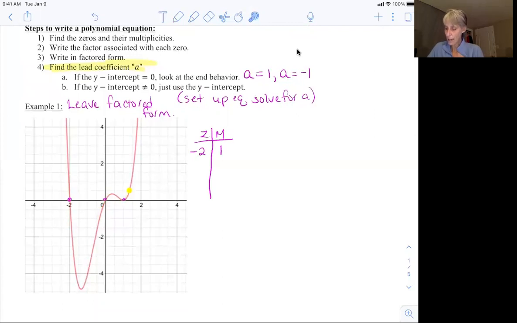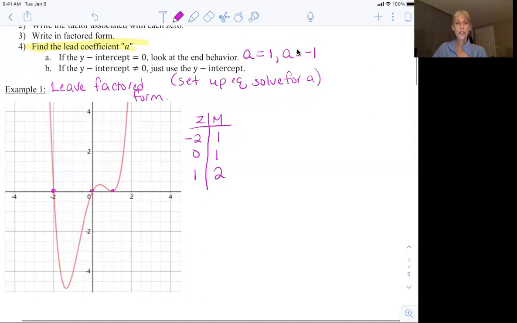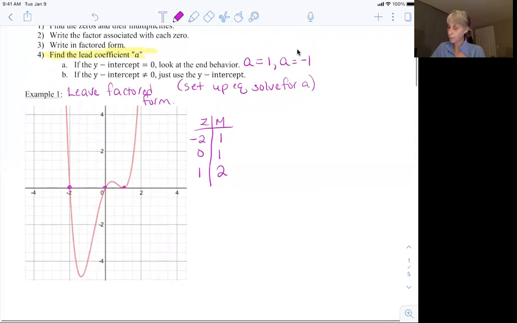And another one at 1. So at 0, I'm also 1. And at 1, my multiplicity, since I bounce, that means that x-intercept would have a factor of 2. Now, it could be 4, it could be 6, it could be 8. We're just going to stay with the easiest number to work with, which would be 2.